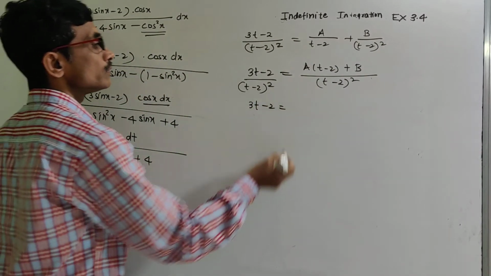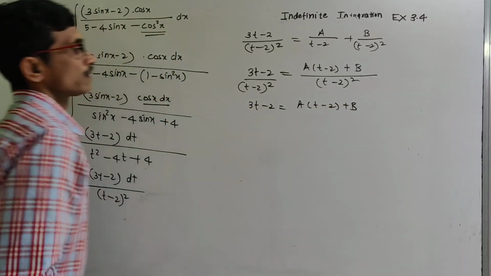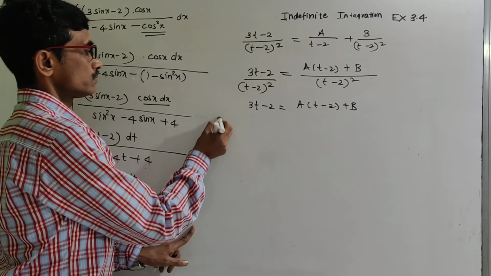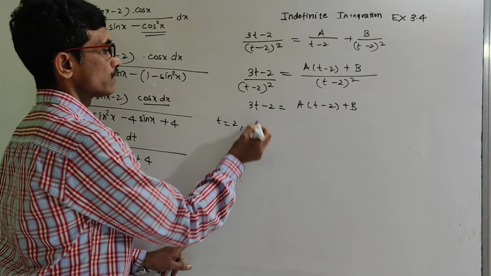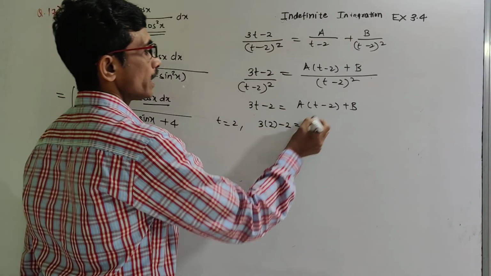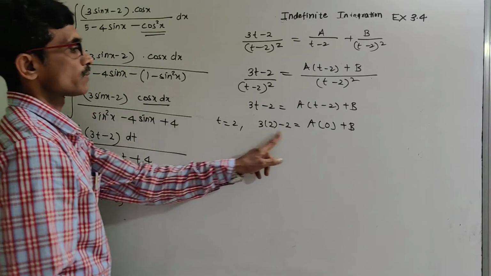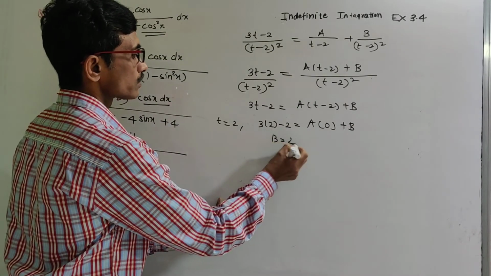3t minus 2 equals a into t minus 2 plus b. Put t is equal to 2, then 3 into 2 minus 2 is equal to a into 0 plus b, and 6 minus 2, that is b is equal to 4.